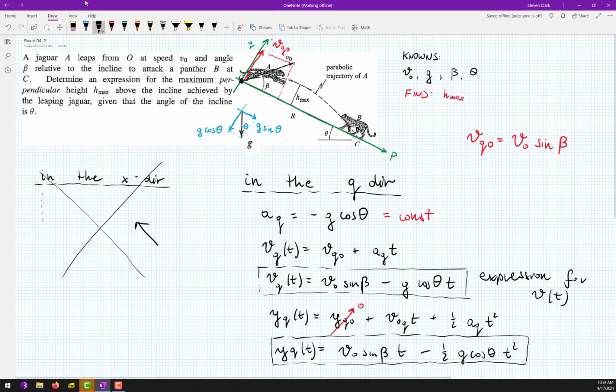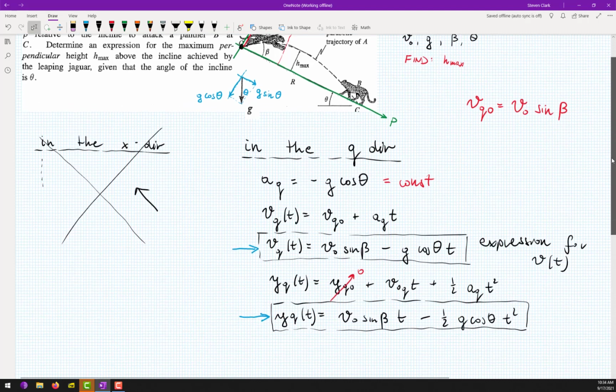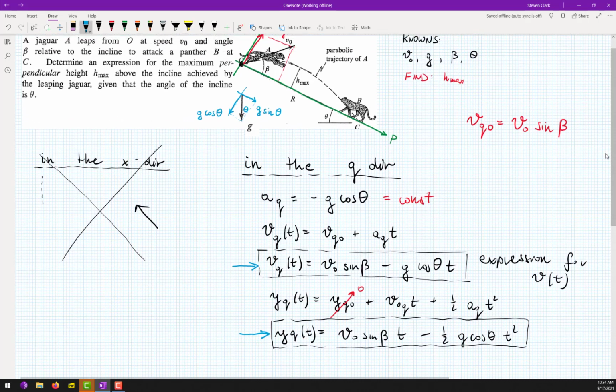Okay, guys, so now we have these two expressions, and maybe one of you can tell me what to do next, how to find this h max with these two expressions.